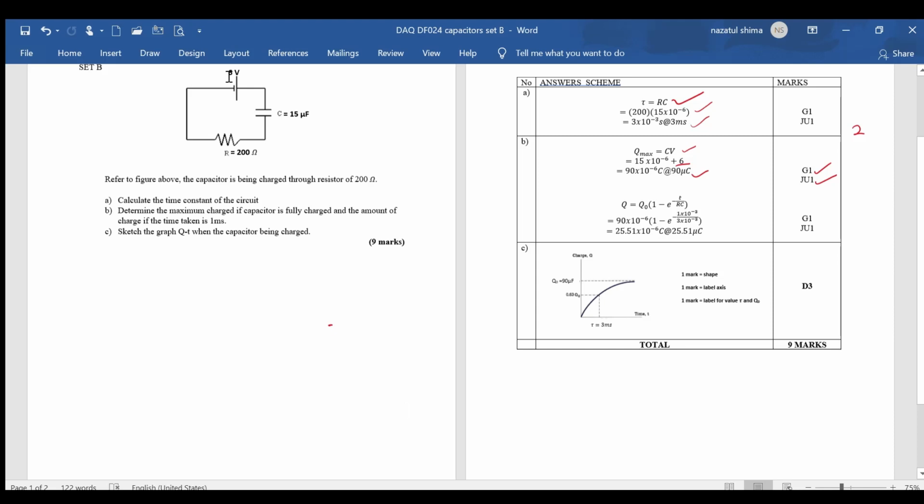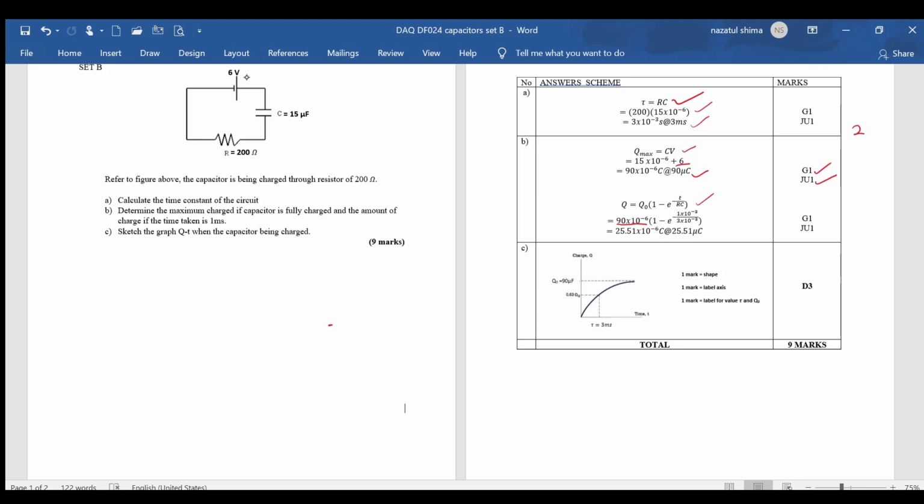Okay, and then how to get the charge if the time taken is 1 millisecond. We use the equation for Q for charging process. Q is equal to Q naught 1 minus exponent negative T over RC. Okay, so we substitute the value of Q naught or the maximum Q 90 times 10 negative 6.